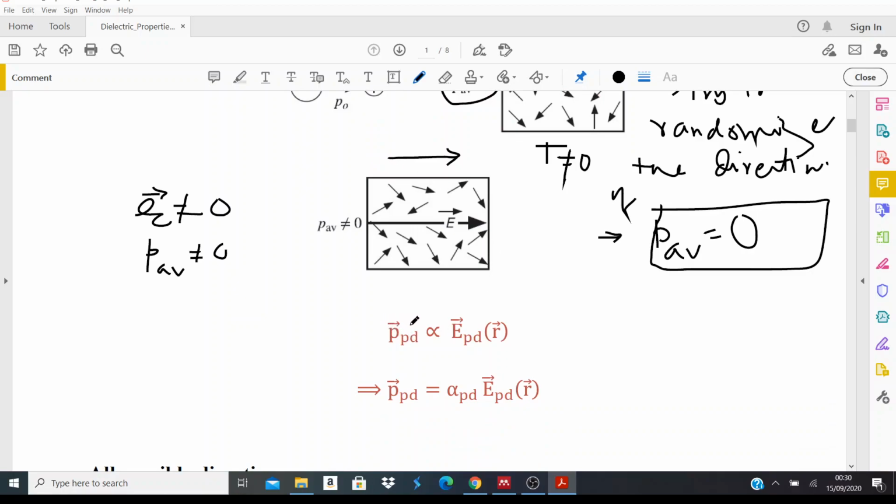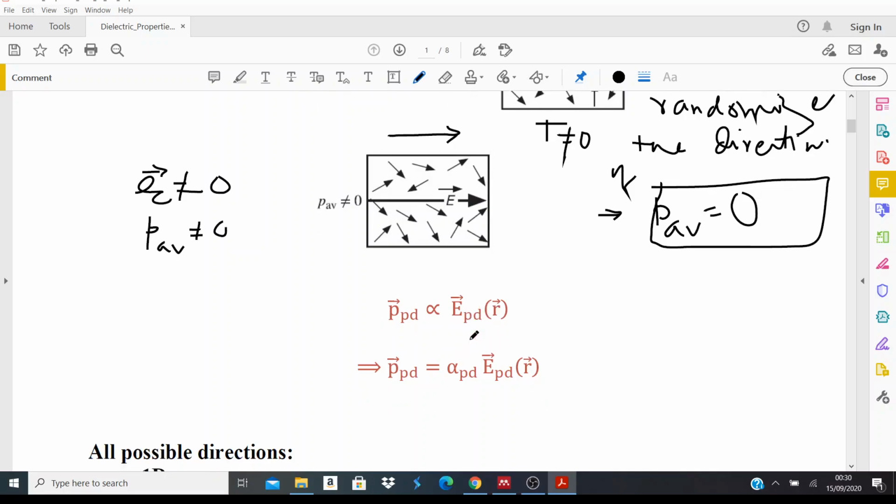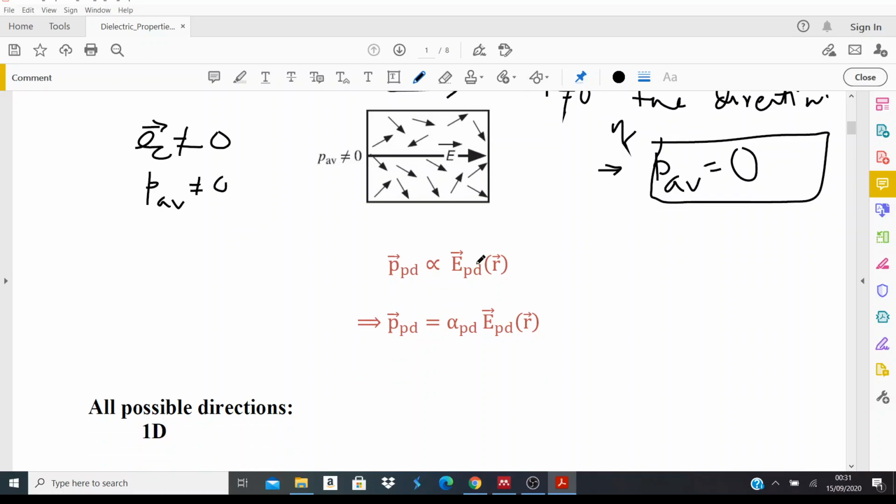When I say that the polarization due to any permanent dipole, where PD stands for permanent dipole, is proportional to the electric field felt by the dipole, I want to emphasize that an individual dipole will feel a local electric field, and that field will produce the polarization.